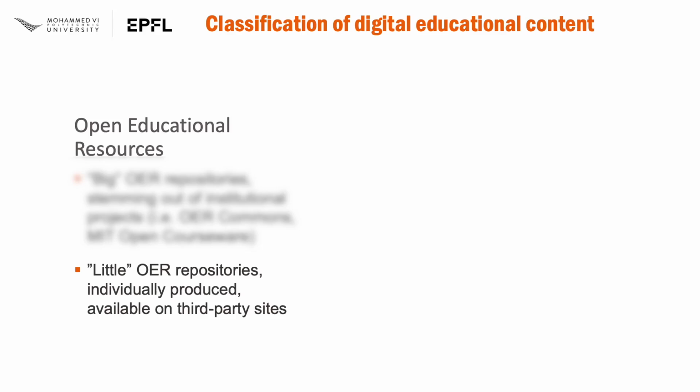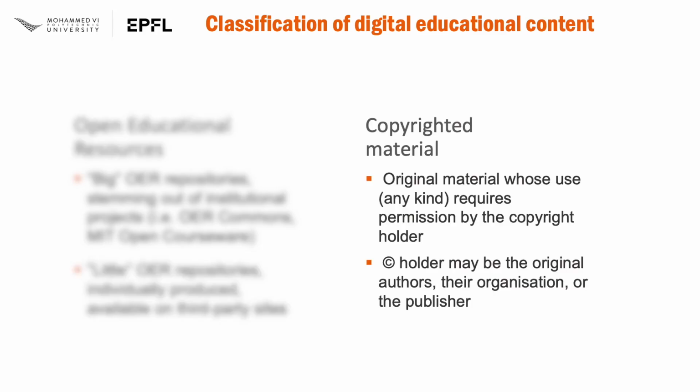Copyrighted material is, on the opposite, original work that cannot be used in any form without the explicit authorization of the original creators or the copyright owner. A few decades ago, most of the educational materials and scientific literature, such as academic textbooks and journals, were published under copyright law.